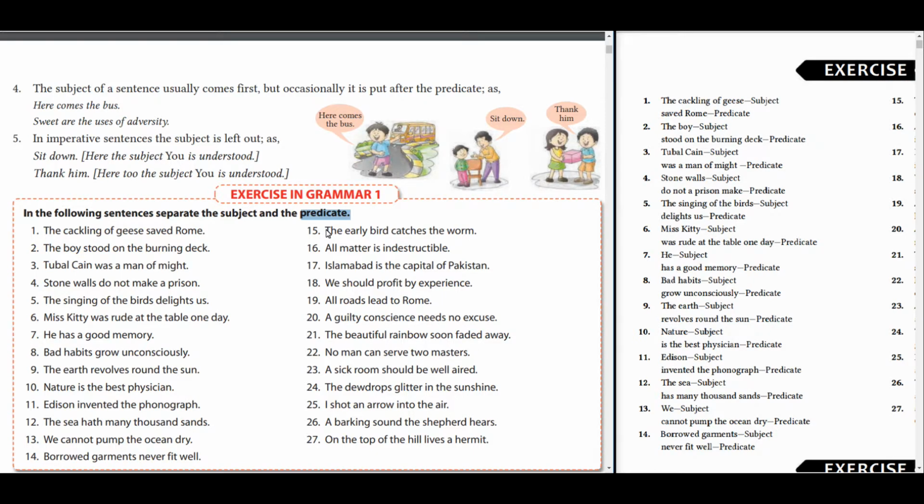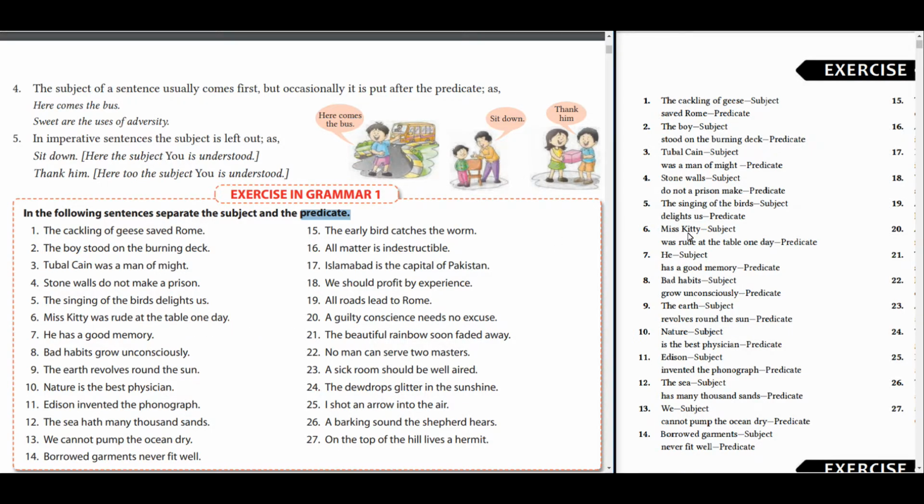Predicate, prediction. Okay. So, fifth one: the singing of birds delights us. The singing of birds, subject. Delights us, predicate. Sixth: Miss Kitty was rude at the table one day.